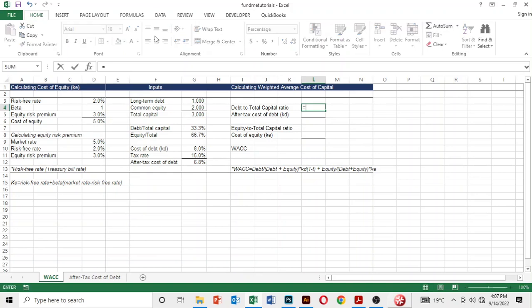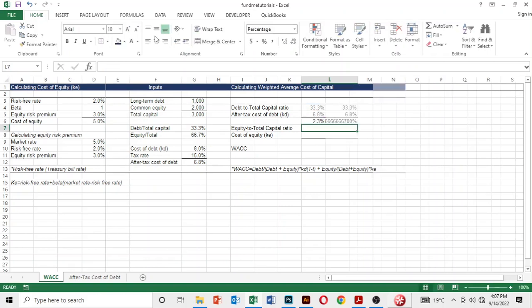So here we can pull the debt to total ratio, which is this one, and here we can pull the after-tax cost of debt, and here we say this multiplied by this.